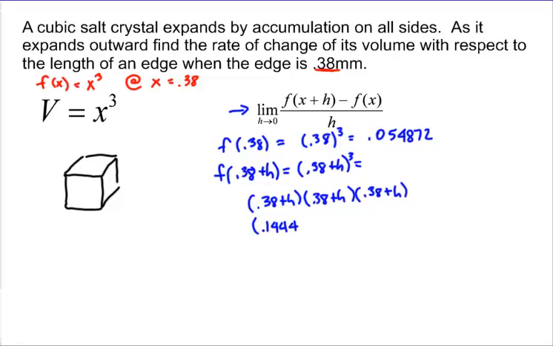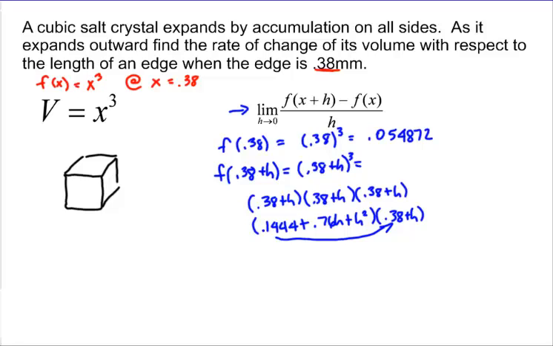0.1444 plus 0.76h plus h squared, and then all of that again times 0.38 plus h. So, everything in the front times everything in the back.